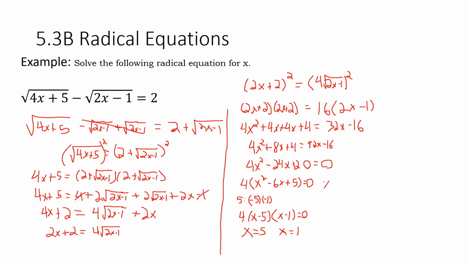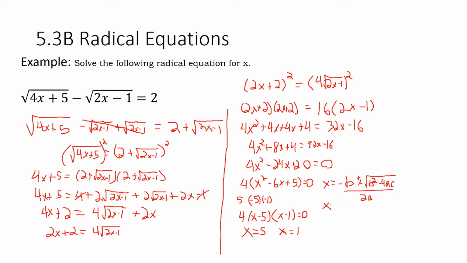So the quadratic equation is, just in case you went with this route, x is equal to negative b plus minus the square root of b squared minus 4ac, all over 2a.